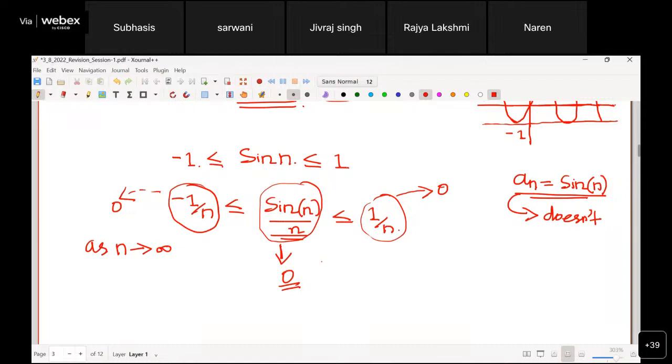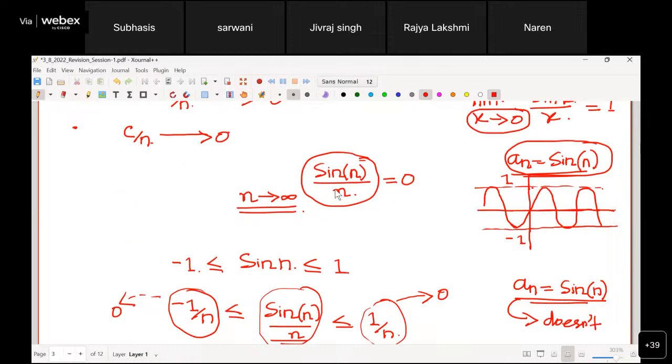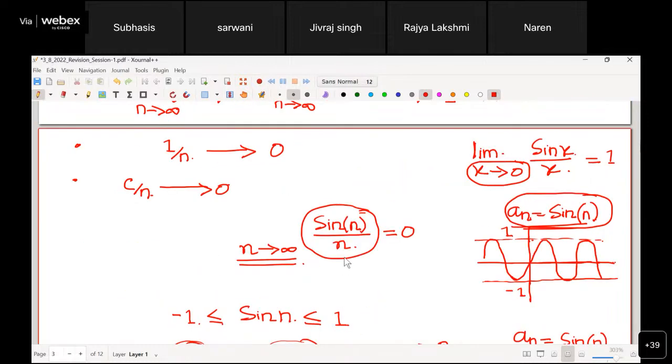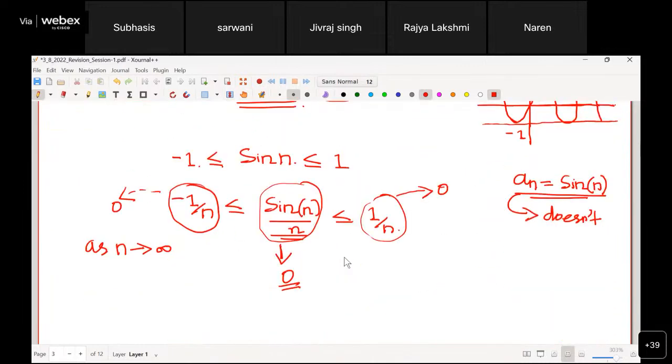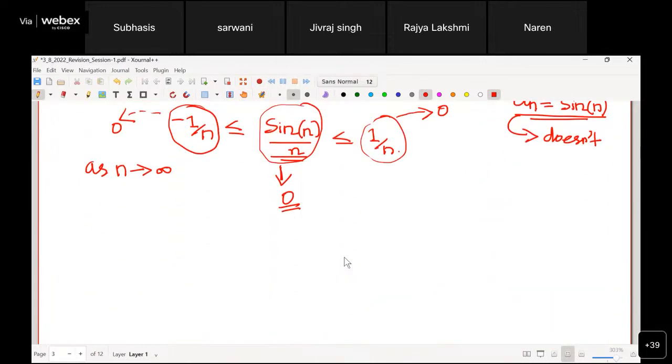Clear why the limit of this sequence is 0? Yes, sir. For example, if I write sin n plus cos n by n, can you tell me the limit of this sequence? 0, sir.